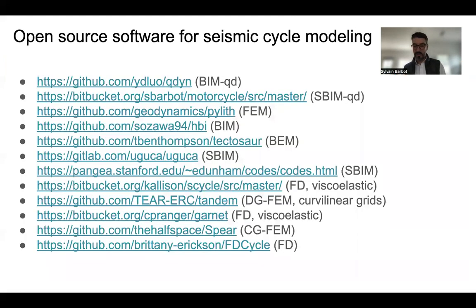So there are a number of publicly available codes that implement a variety of these techniques. This is a list that is probably incomplete, but I encourage you to check out these codes and learn from how these methods have been implemented. And I encourage all of you to develop your own methods, making them publicly available so that the community can use them.